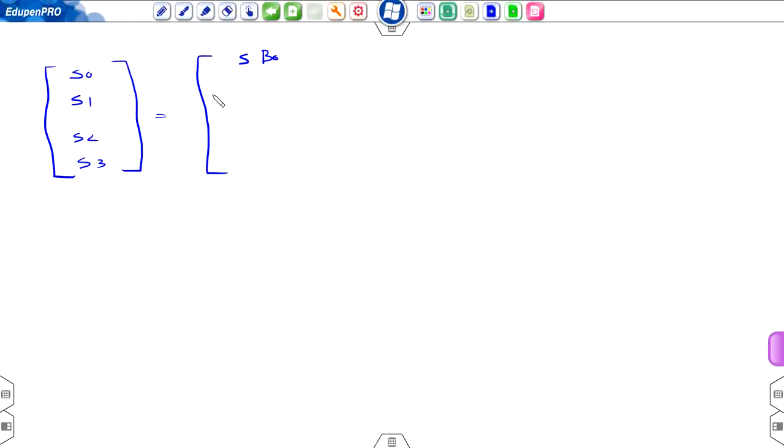In the second row I have S of beta 0 by 2 plus S of beta 1 minus S of beta 2 by 3 minus S of beta 3 by 6.